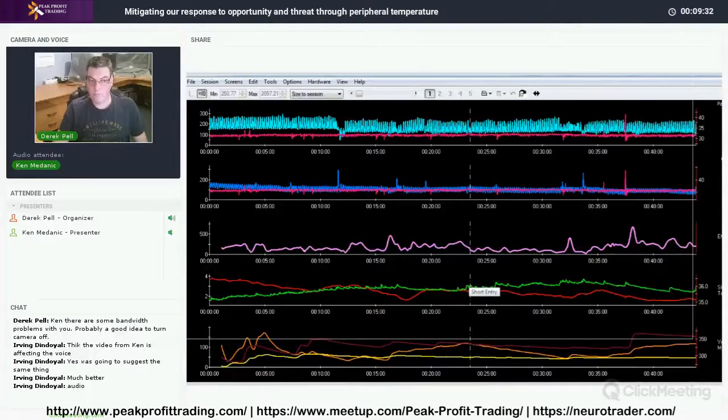The most important thing is that when you are stopped out, your recovery time back into a peak state is as short as possible. If you beat yourself up, all you're going to do is exacerbate the fight-flight response, which is just going to push more adrenaline into your system, which is going to take even longer to filter out of your blood.